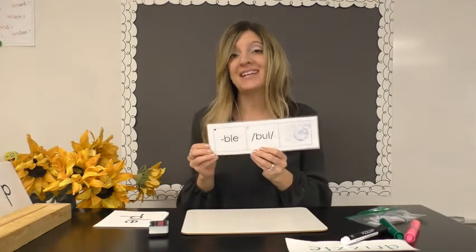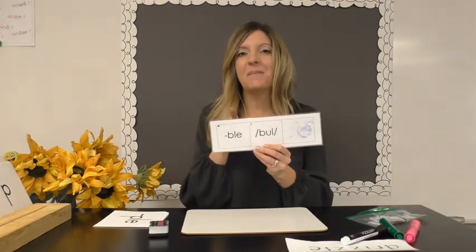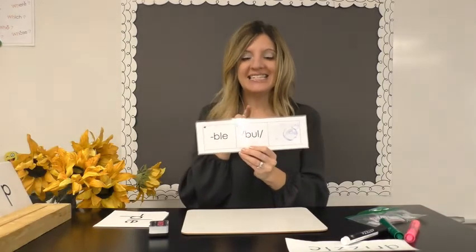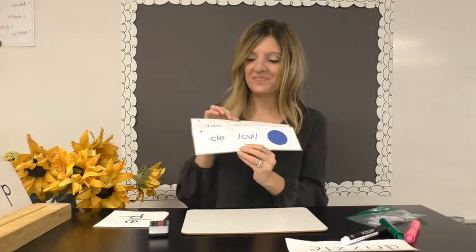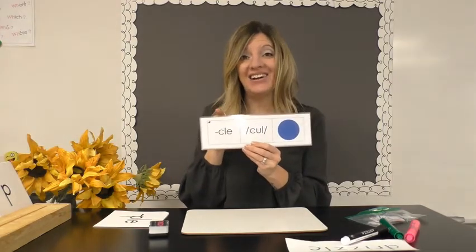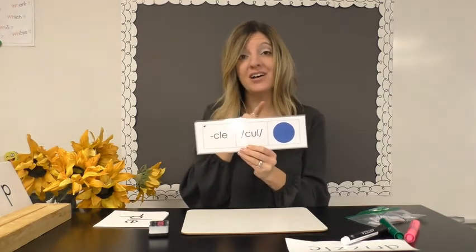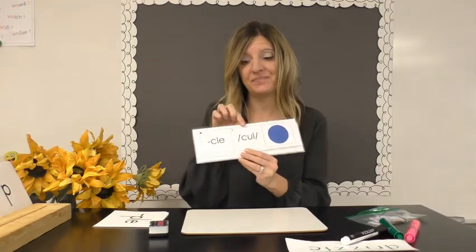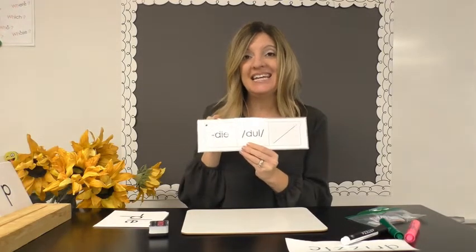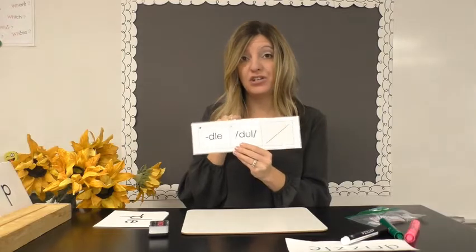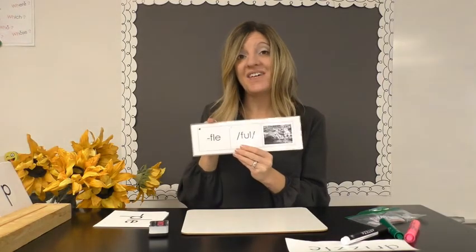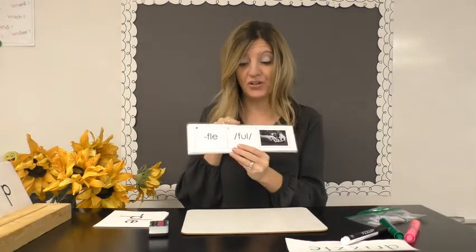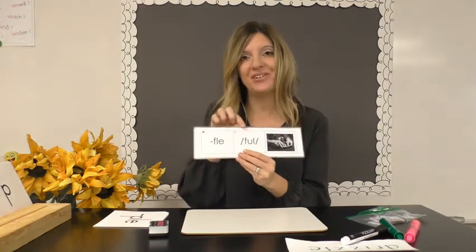The first one is B. The letters B-L-E say bull, like bubble. C-L-E says cull, like circle. D-L-E says dull, like needle. F-L-E says full, like shuffle.